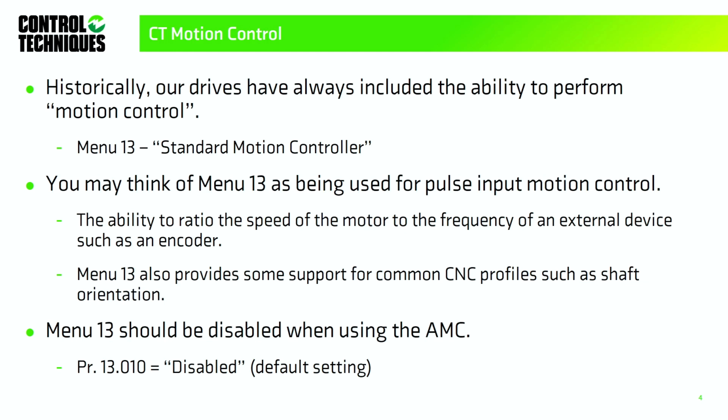But menu 13 should be disabled when you're using the AMC. You can disable menu 13 by going into menu 13 parameter 10, and unless you have enabled it, it's disabled by default. So we've always been able to do motion control in one form or another.